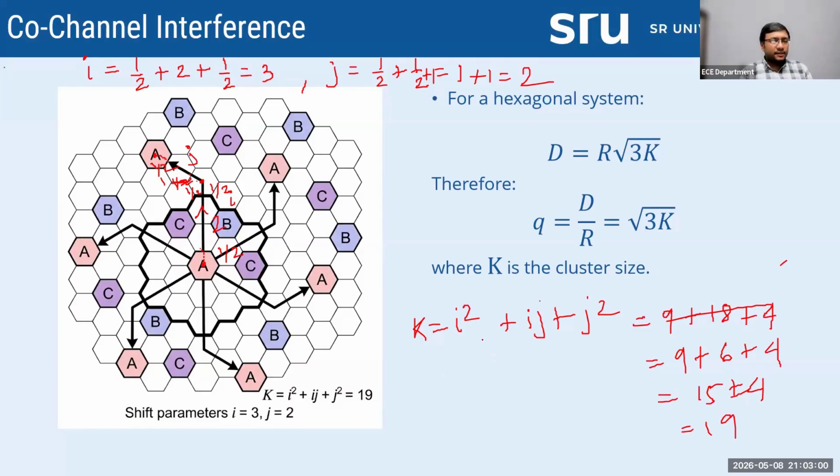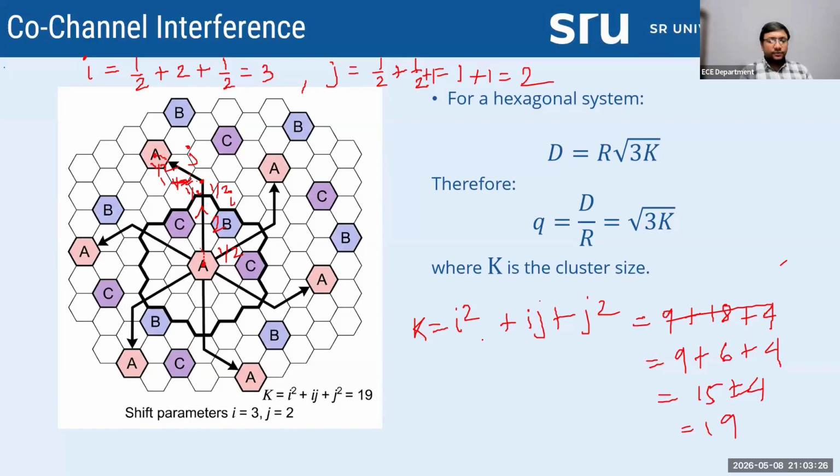So in the question, if I ask you directly, I am not mentioning the cluster size. Rather, I will mention in such a way that first I am moving straight up and covering 3 cells. Then I am turning 60 degrees and then I am covering 2 cells. Then what is the co-channel interference?